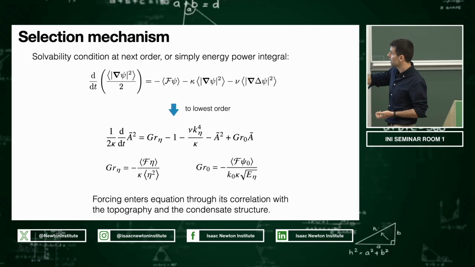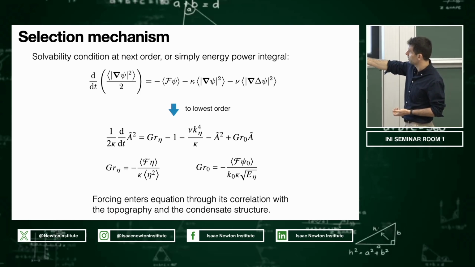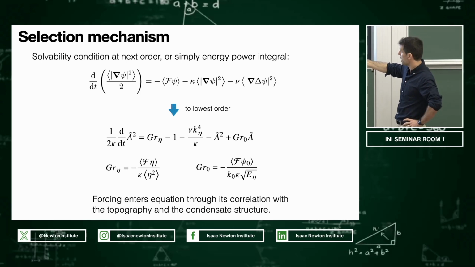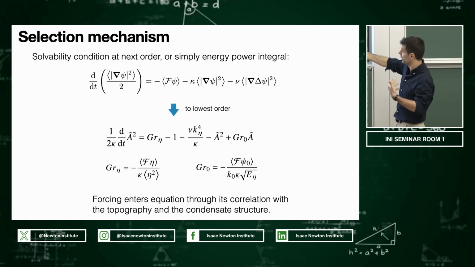So there is time evolution of the amplitude of the condensate squared here. You have damping here due to friction, damping due to hyperviscosity. You have nonlinear damping that's going to saturate the condensation instability in the system.